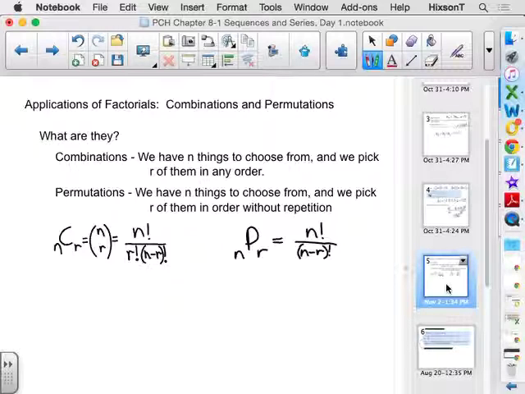So in both cases, we usually use n and r. We have n things to choose from, and we're going to pick r out of them. Now, the key difference between these two is whether we care about the order we're selecting them in.